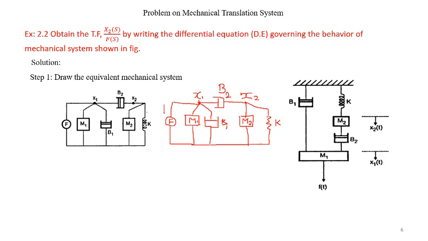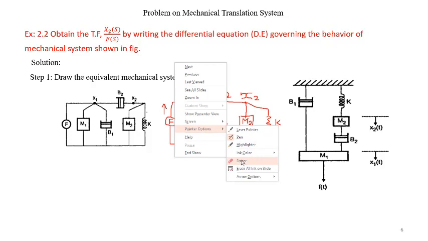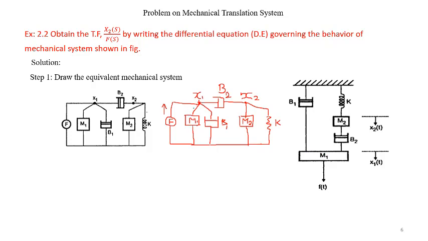So here we will have the input, and we will have the output here through M1, another output here through M2, and one more output here through x1 to x2. This is for the supplied force in, and this will be the supplied force output.